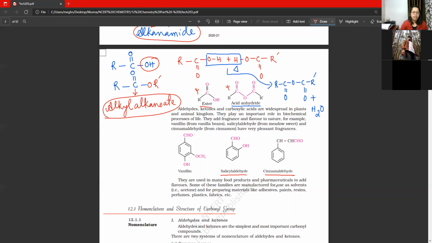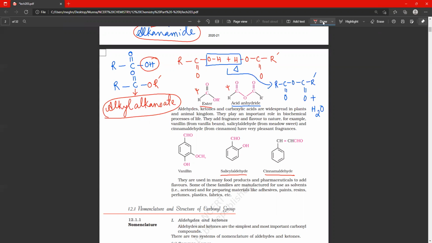Anyone, can you tell me? Let me start with Sneha. Sneha, can you tell me what will be the IUPAC name of salicylaldehyde? Sneha, Ankita. Neha, Ankita, anyone, can you tell me? Or Raja, anyone? Kushi, Ma'am, what is the question?